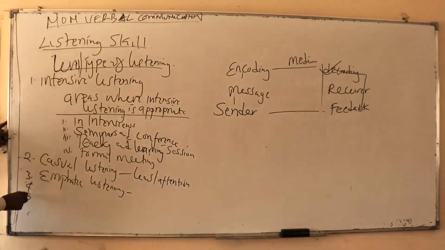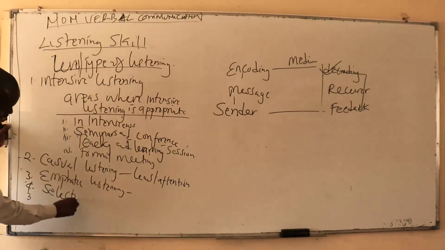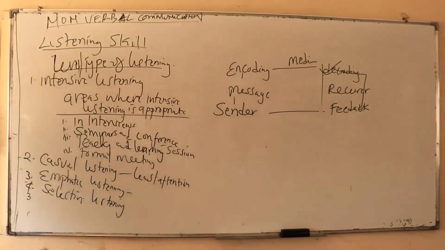Then number four, we have selective listening. It is a level of listening where the listener selects important information and gives attention to it.